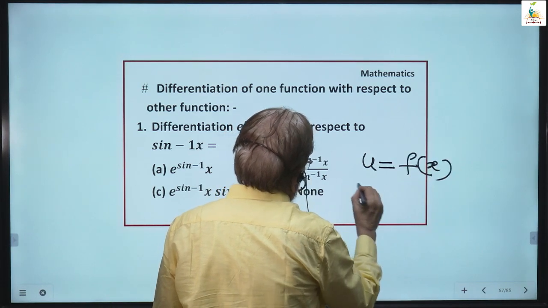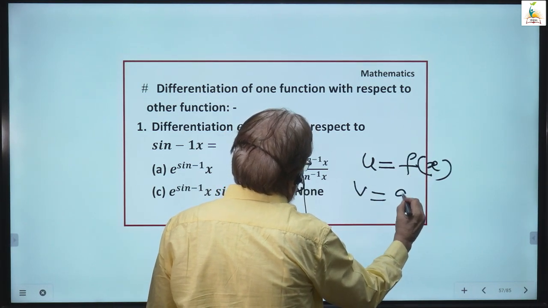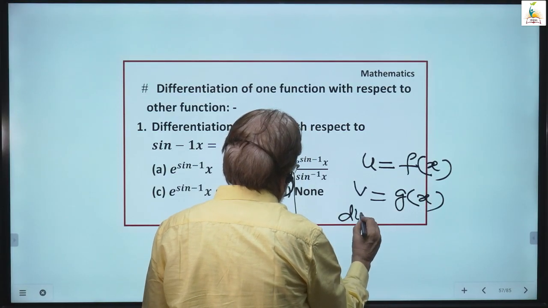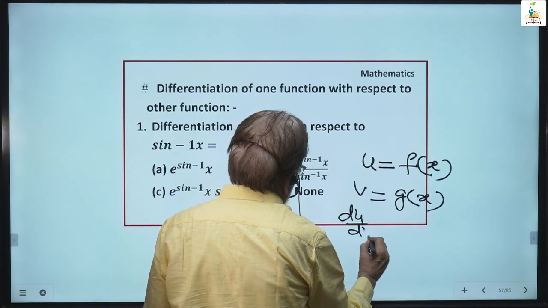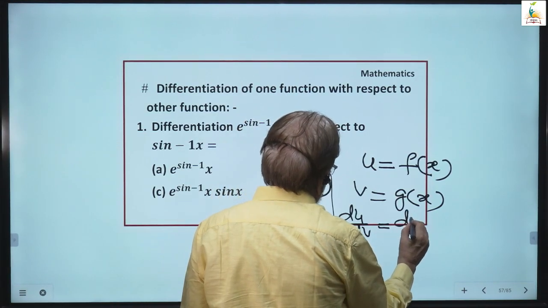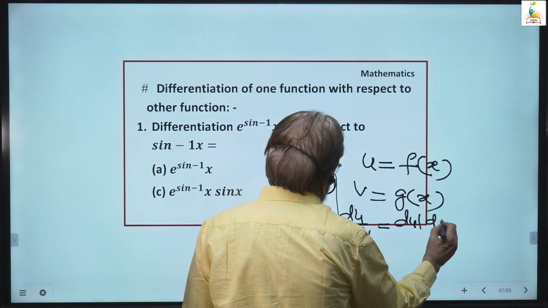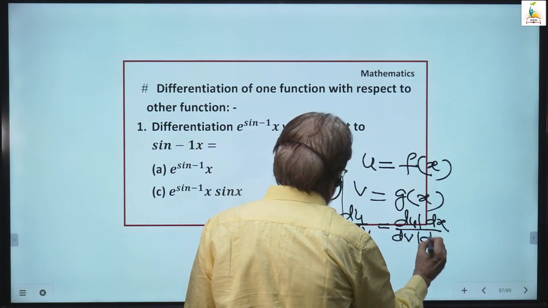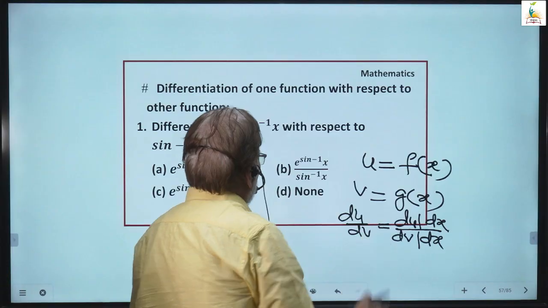Du upon dv will be equal to du upon dx upon dv upon dx. That will give the answer.